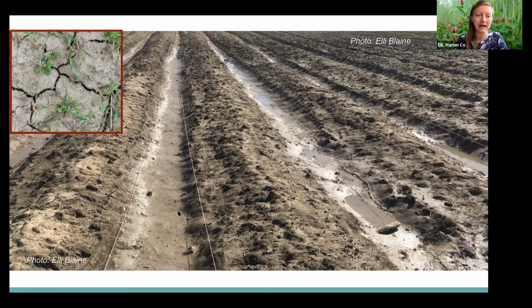They're pretty wet right now, but when it dries out, this little call out box is what we can see happen when those soils dry out. They lose that function to really infiltrate the water that is entering the system and start to crack and have much harder of an ability to support plants over time, support productivity over time.